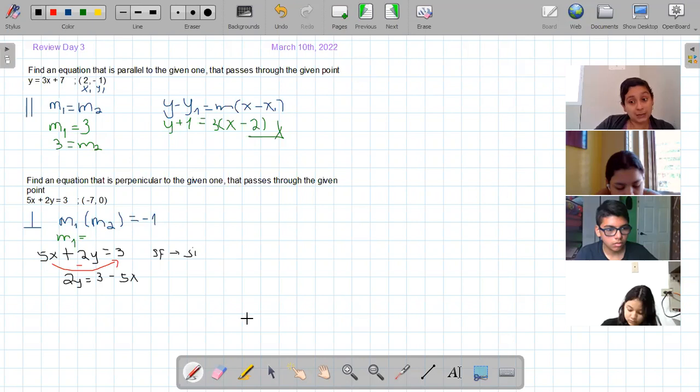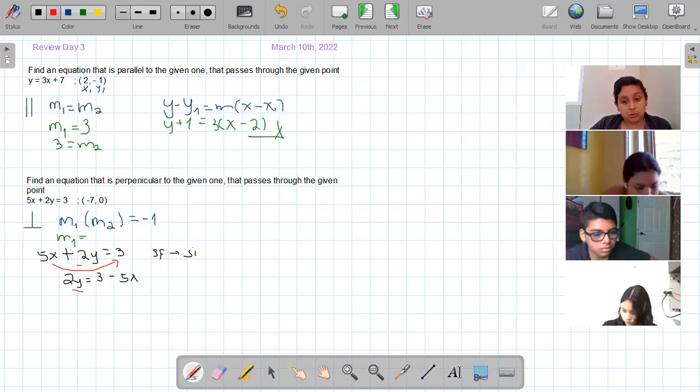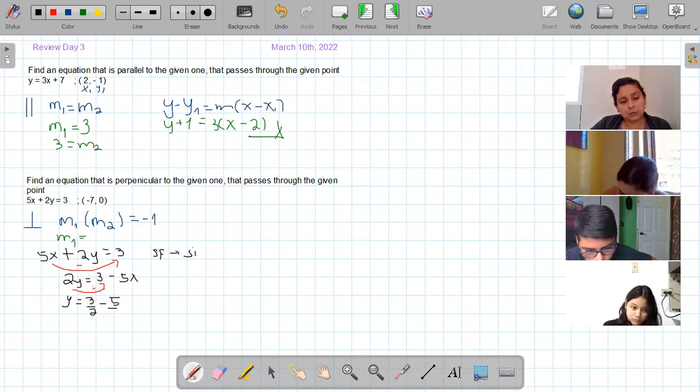No, not yet. So this 2 will go to the other side, dividing every single term. So we're going to have y is equal to 3 divided by 2 minus 5 divided by 2 x. Now I can find the slope.